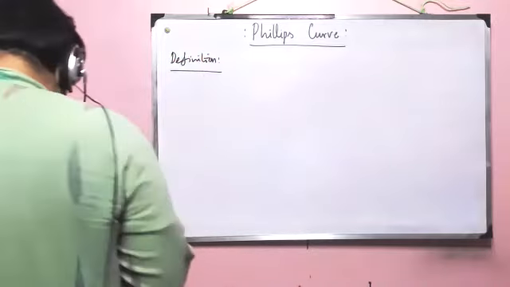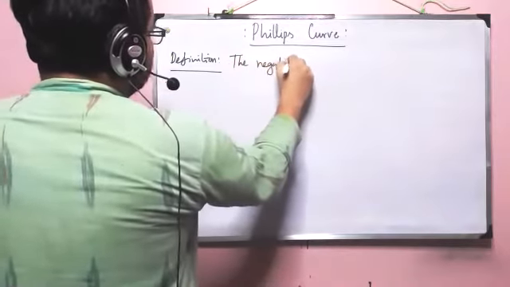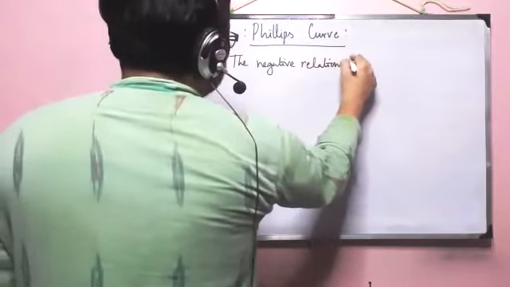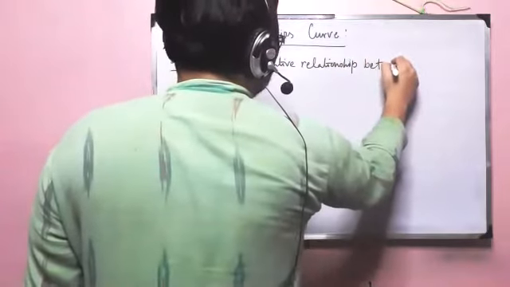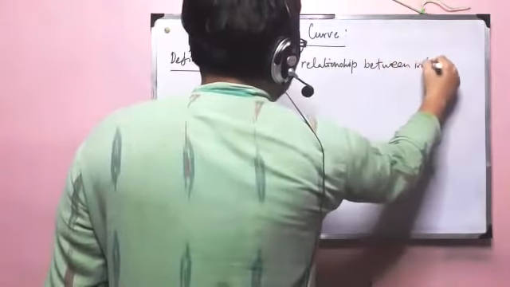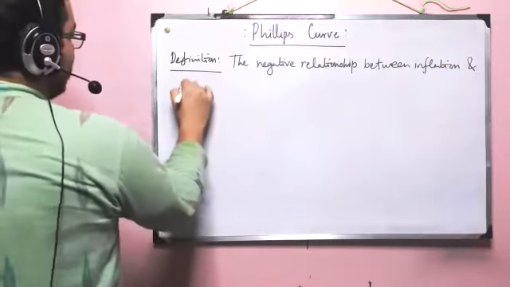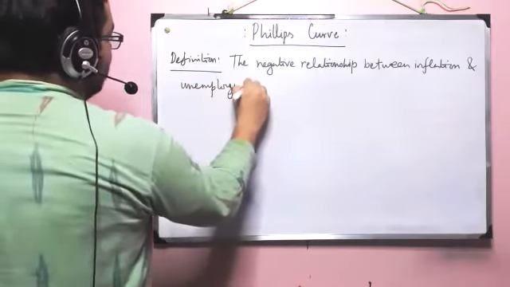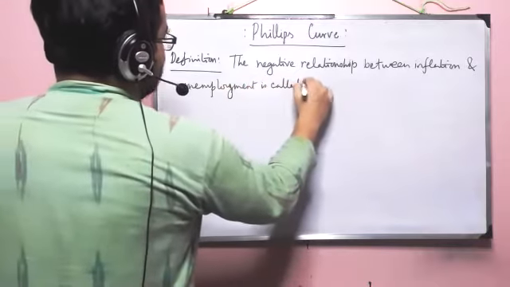So the definition is the negative relationship between inflation and unemployment is called the Phillips curve.